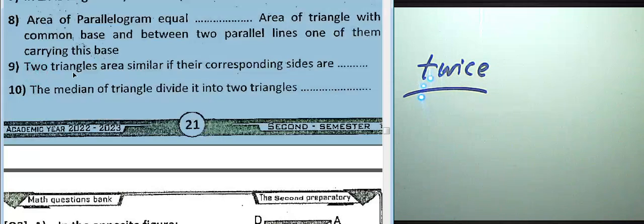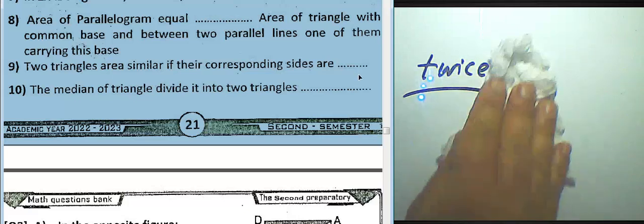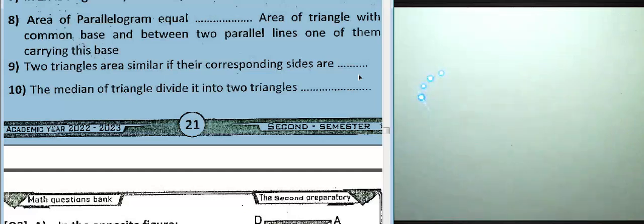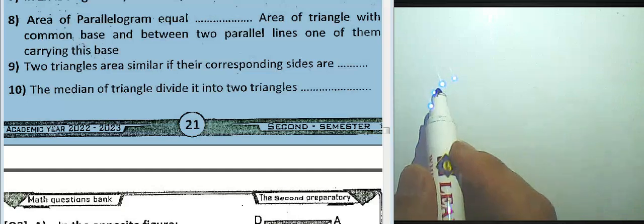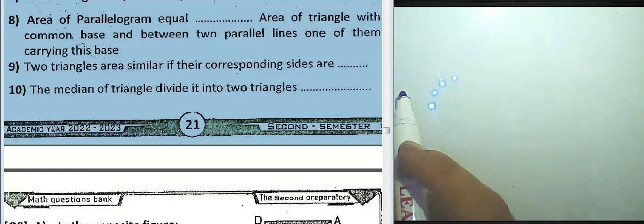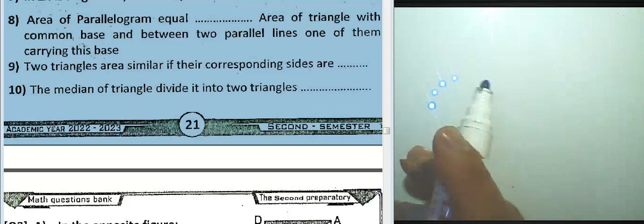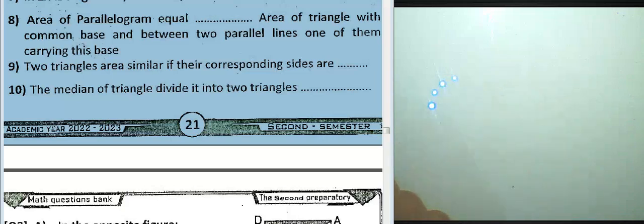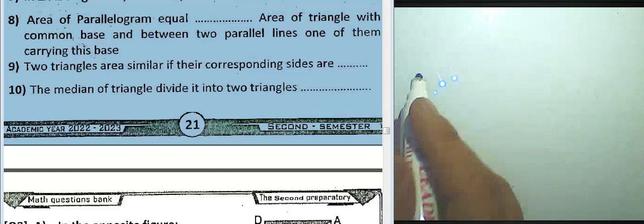Question 9. Two triangles are similar if their corresponding sides are proportional. Two triangles are similar if their corresponding sides are proportional.